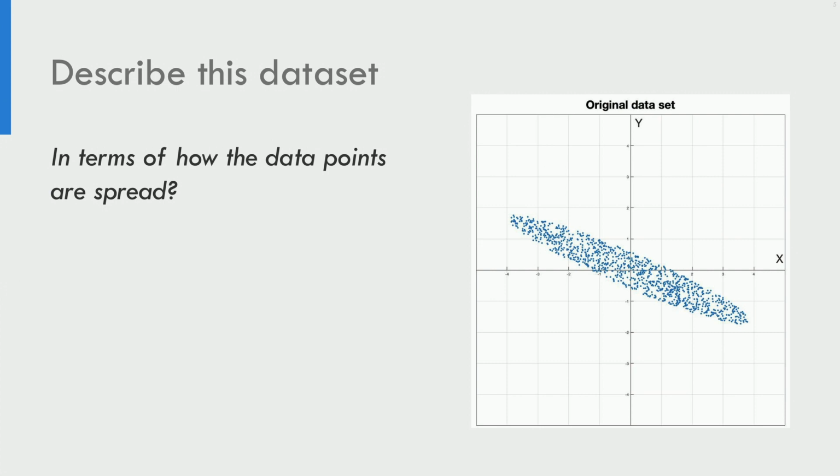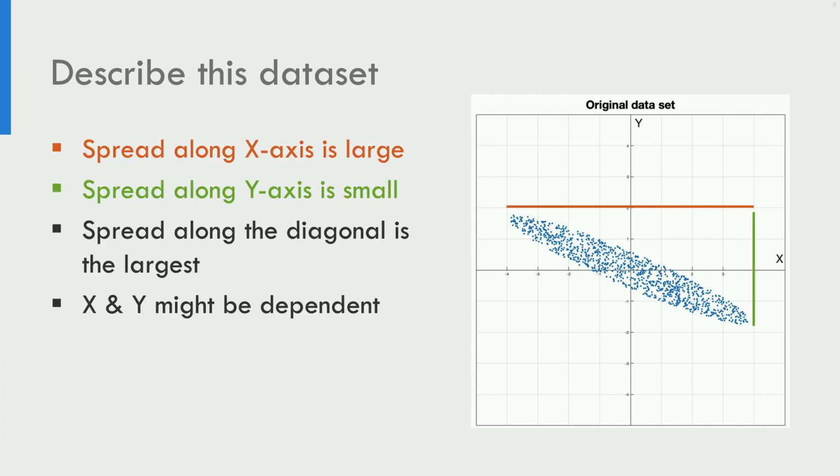We want to describe this dataset using the variances along the given features. From the plot, we can notice three things. First thing, the data is spread over the x-axis more than it's spread along the y-axis. Secondly, the maximum spread is along the diagonal direction. The third observation is there seems to be a relation between x and y.